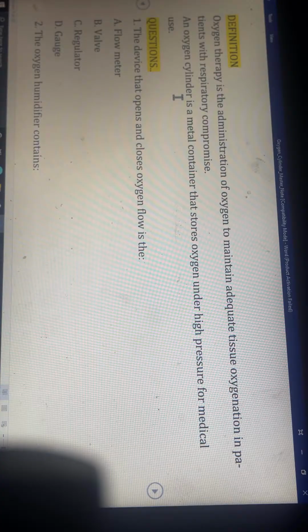There is respiratory compromise. That is why oxygen therapy is advised for a patient that is having respiratory compromise. Now, an oxygen cylinder is a metal container that contains and stores oxygen for medical use.